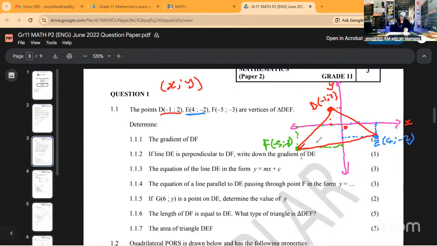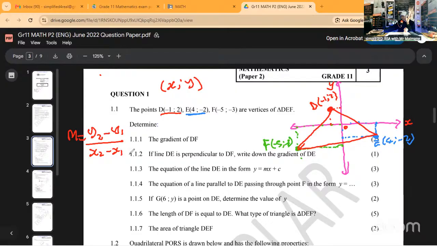You guys, this part, I know you always kill it. If we had to calculate the gradient of DF, it's easy now because you see everything displayed for you. So the gradient of DF will say gradient m is equal to y2 minus y1 over x2 minus x1.